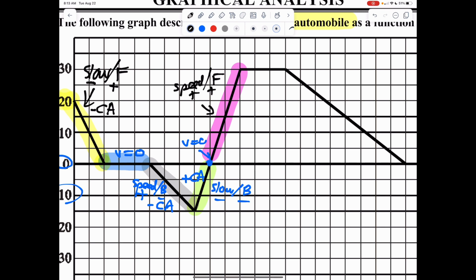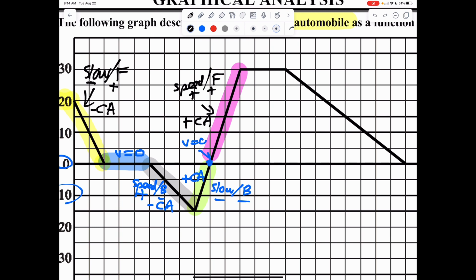So both of those are also an indication of positive constant acceleration. It's positive constant acceleration the whole way. And the easiest way, kind of like a cheat code for the problem, to remember this is: positive slope, positive constant acceleration; negative slope, negative constant acceleration. It doesn't matter what side of the t-axis you're on, because you're going to get that same result.